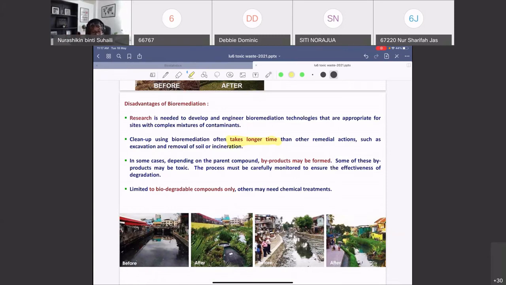And also research is needed to develop and engineer bioremediation technologies. This is true, because it takes time for us to understand the metabolism of these bacteria in degrading toxic materials like cyanide or lead. It takes time for us to understand, and from there that will trigger another research.